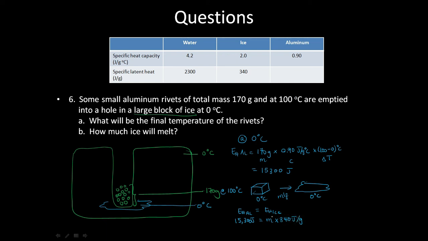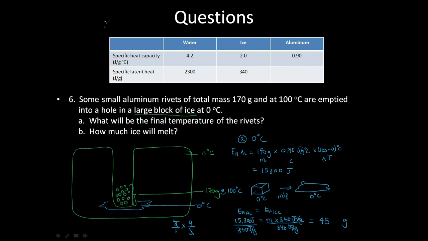And to solve for mass, you divide both sides by 340 because you want to get mass. If you take these units out, the joules cancel and you're left with grams. So the mass would be 15,300 divided by 340, which gives 45 grams.